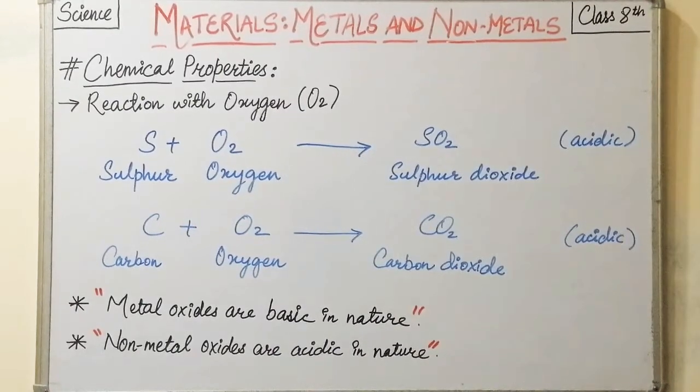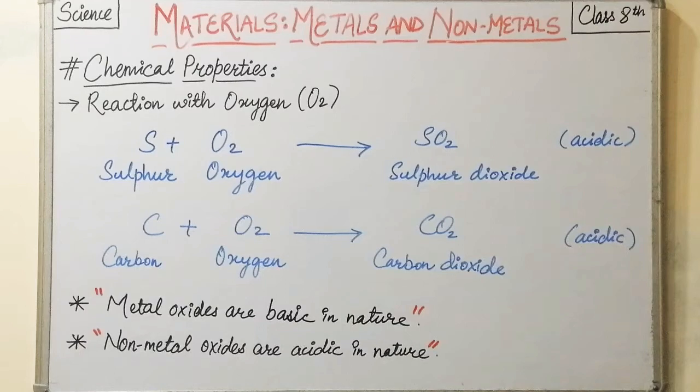So what will we observe? We will observe that sulfur reacts with oxygen while burning. As we all know, burning requires oxygen. Oxygen is a necessity for burning to take place. Then it gives you sulfur dioxide. Now this sulfur dioxide is acidic in nature.